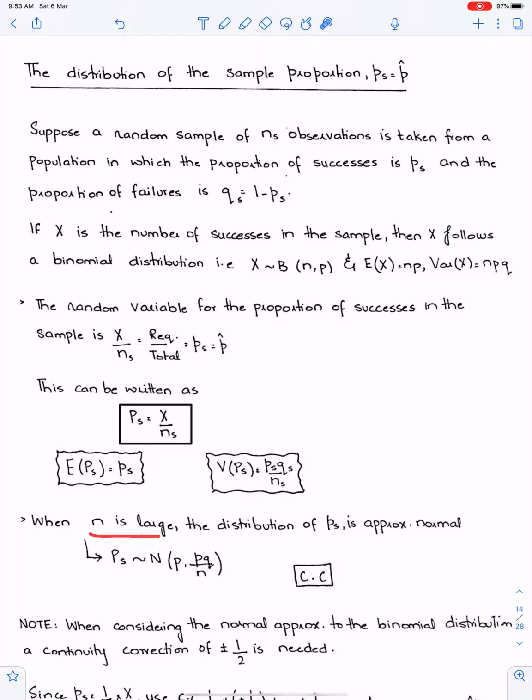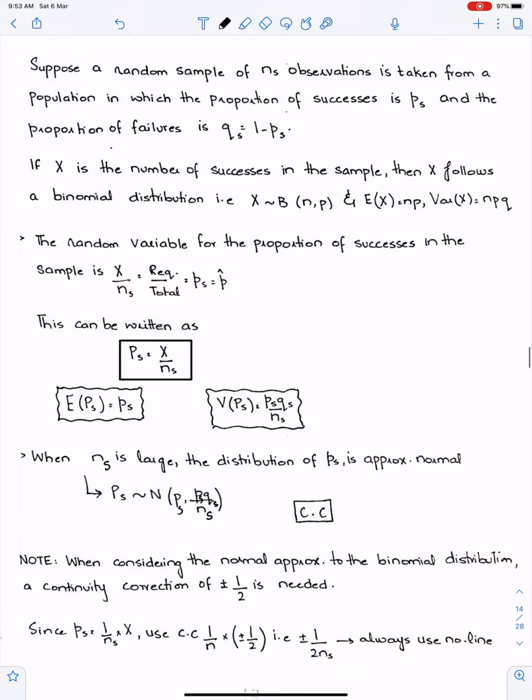When n is large, then the distribution of PS is approximately normal. And whenever we write n, this means ns, sample size. Since mean is PS, so write PS here. This is PS and this is QS over ns.